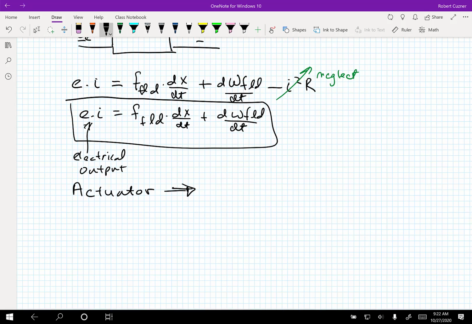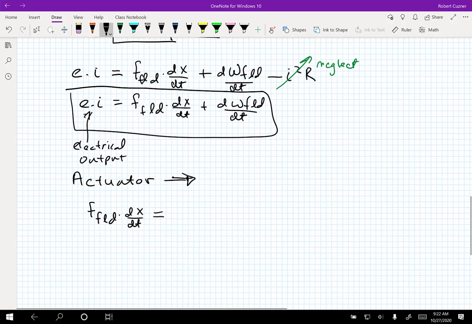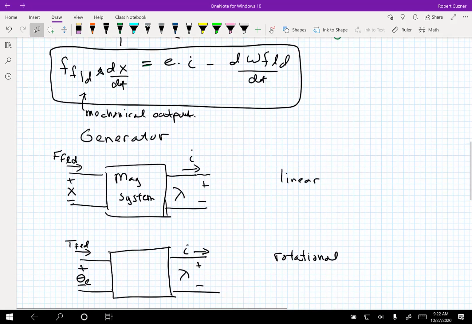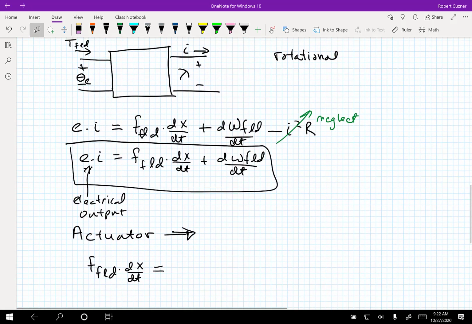And we have this equation of force times a change in position with respect to time equal to, go back to this one here, the voltage in minus the energy.